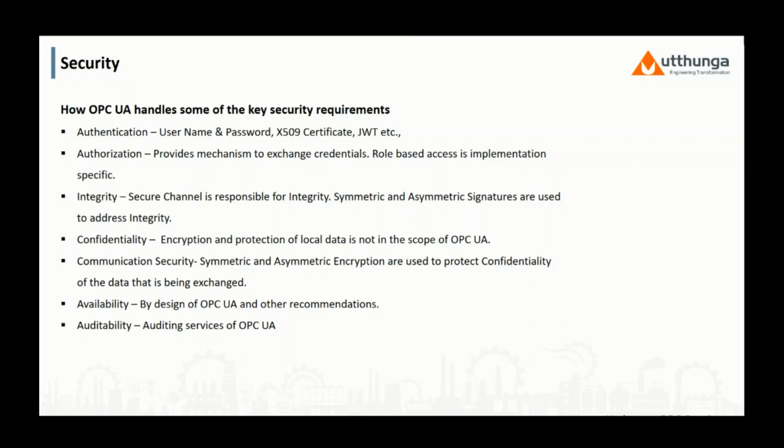And there are different types of audit log services defined in the OPC specification to log different events, with respect to anybody trying to connect with the wrong password or even with an expired certificate, and so on. Next slide, please.